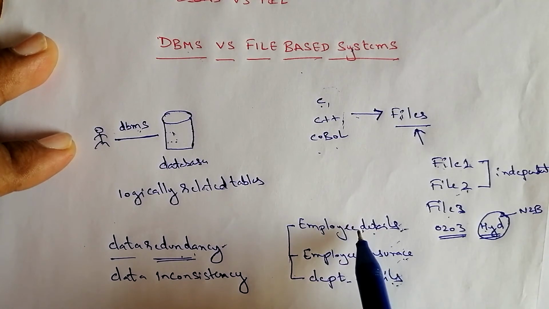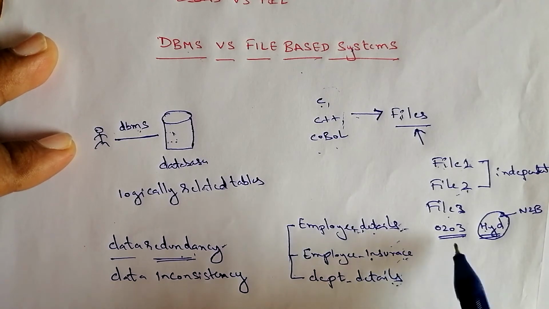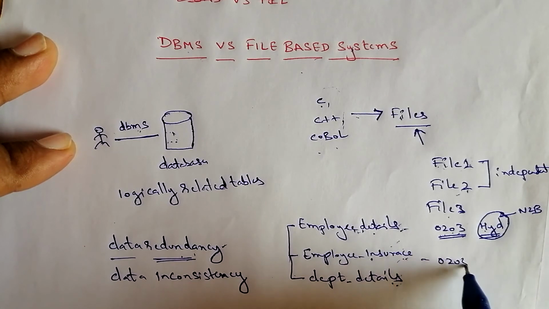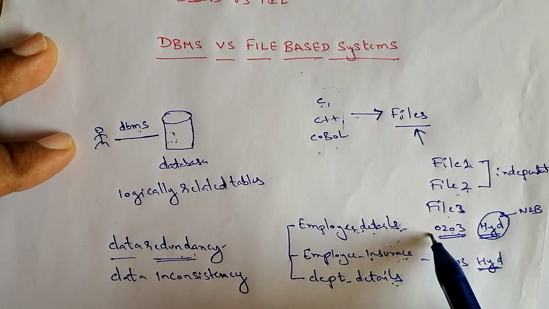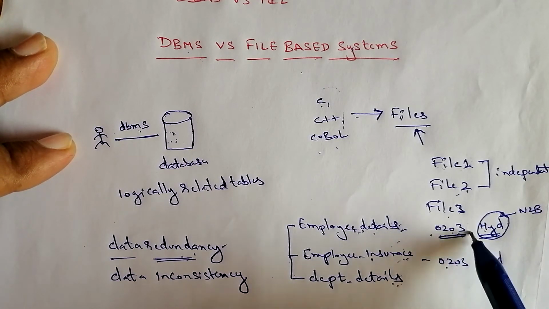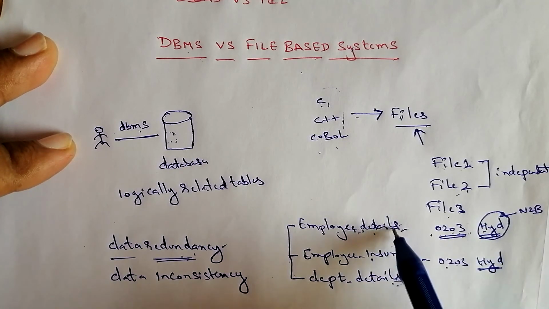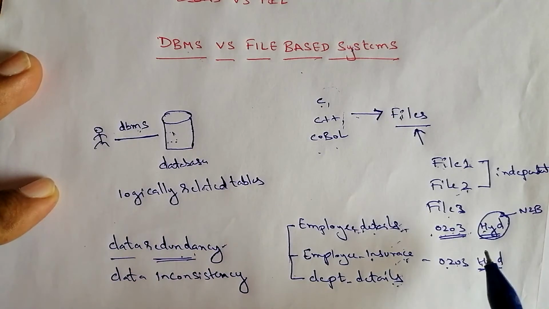If I update in this file, and I forget to update in the other file, then the same employee ID in that file will still show the city as Hyderabad. So while updating file 1, I have to update file 2 also. That is, the complete complexity rises with the user because of the data redundancy problem, and this is called data inconsistency.